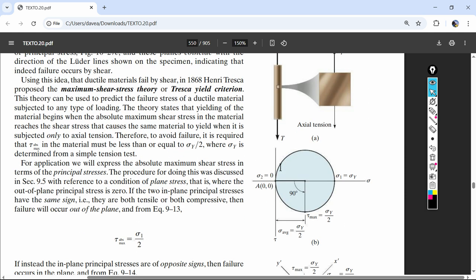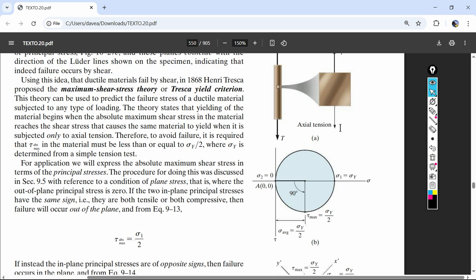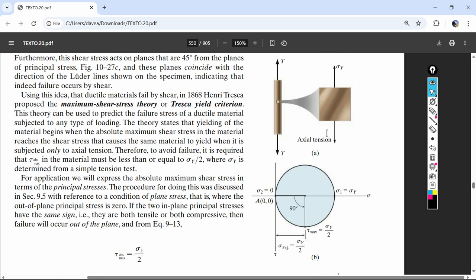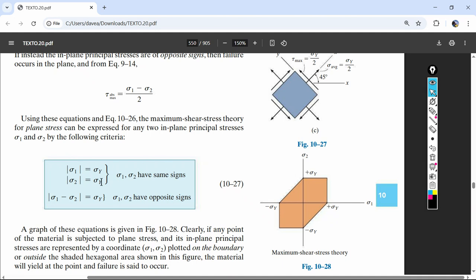If they're both positive values, principal stress number 1 is going to be the biggest, and it's going to be positive. If they're both positive, the difference between them would be a smaller circle, but out of plane there's going to be 0 stress. So that circle would be bigger, so this is for out of plane.